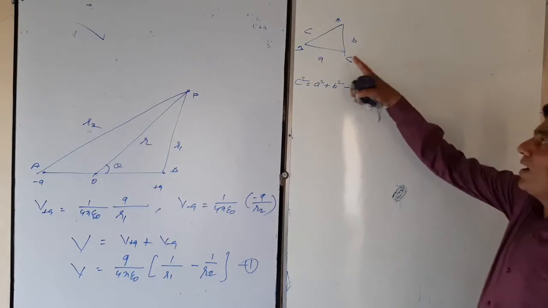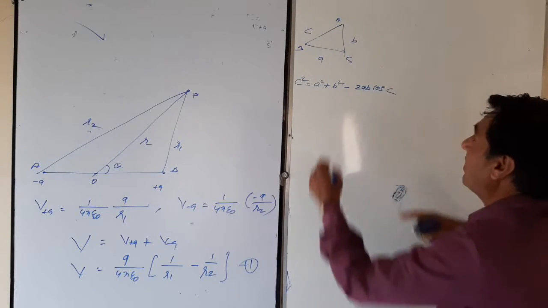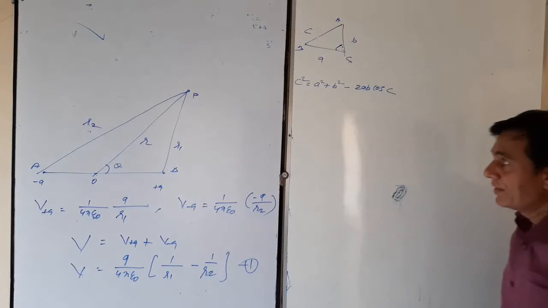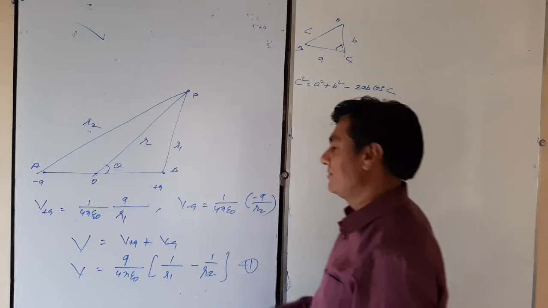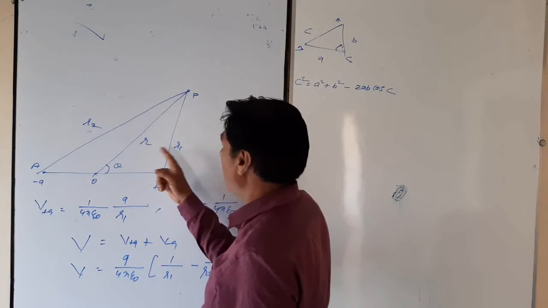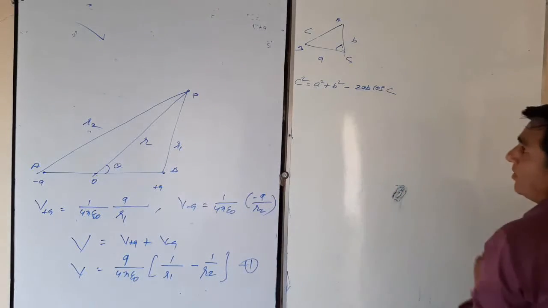So C square is equal to A square plus B square minus 2AB cos C, where C is the angle between A and B. So by using that cosine formula, we can write R1 and R2 in terms of r.